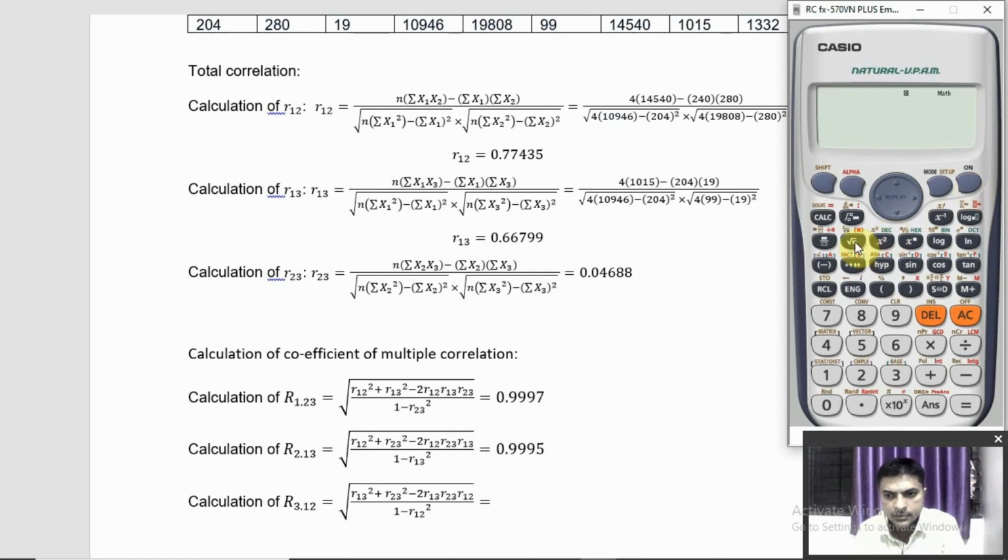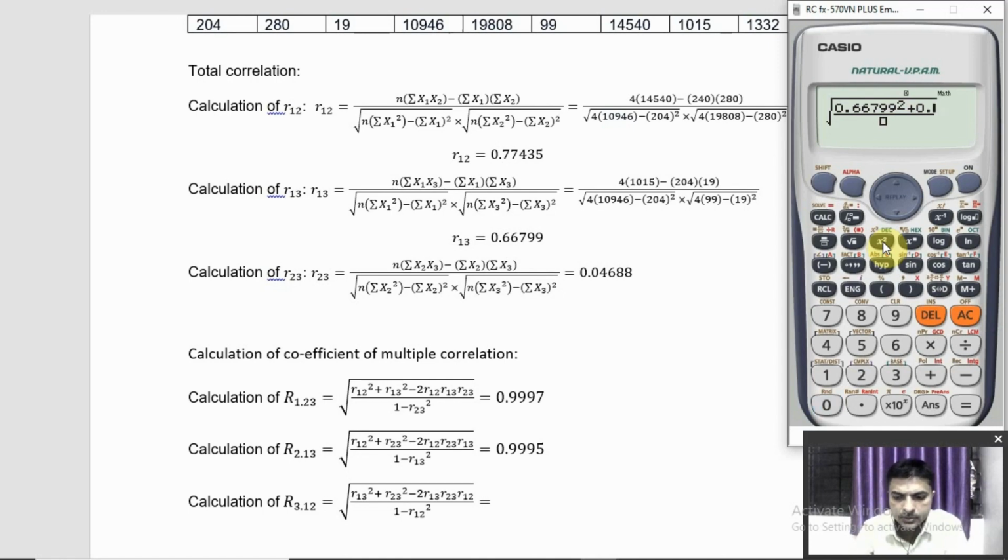Okay, next up. Again we take the square root and division. Now simplify. R13 square, 0.66799 square, then plus R23 square.